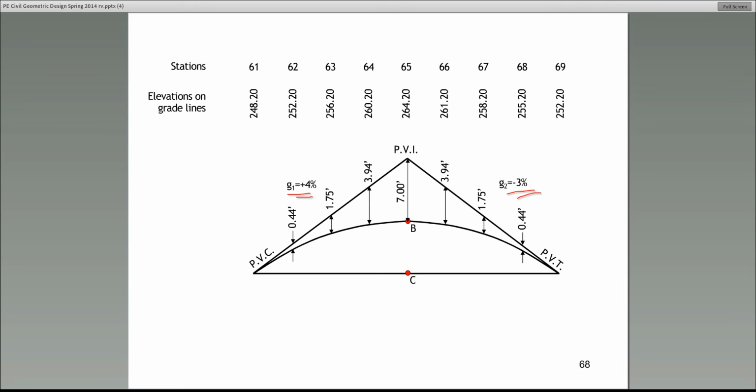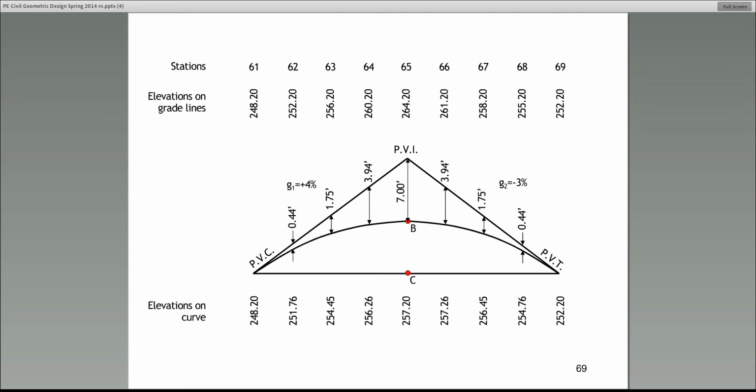Now, the next thing that you need to do, they will ask, for example, at station 64, which would be here, what is the elevation on the curve? So pay attention. We take the elevation on the grade line, in this case, subtract the tangent offset, subtract the 3.94, and whatever we end up with would be the elevation on the curve at that station.